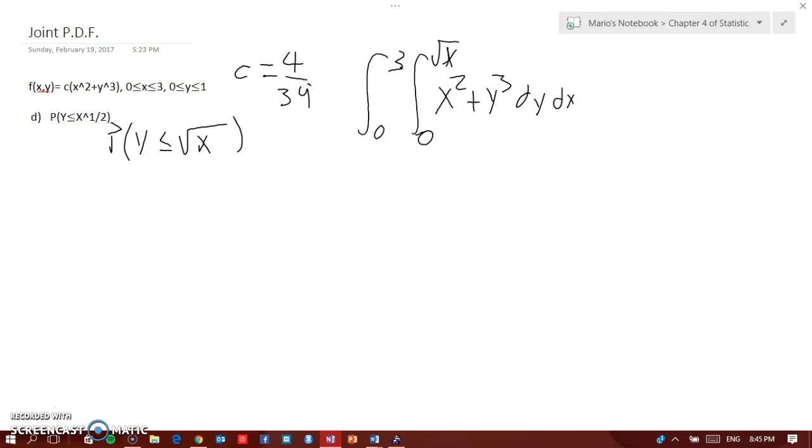I would have to make a picture to help you understand what is going on, but we don't have time for that, so I'm trying to explain it to you right now. When you see that y is less than some function of x, that means that function of x is the highest you can get.